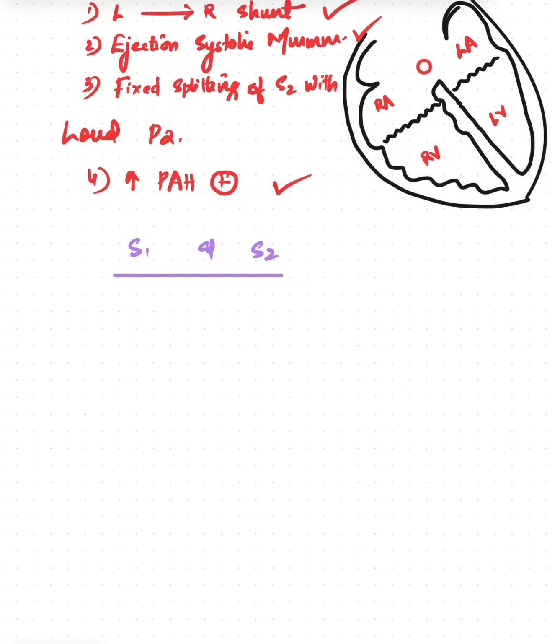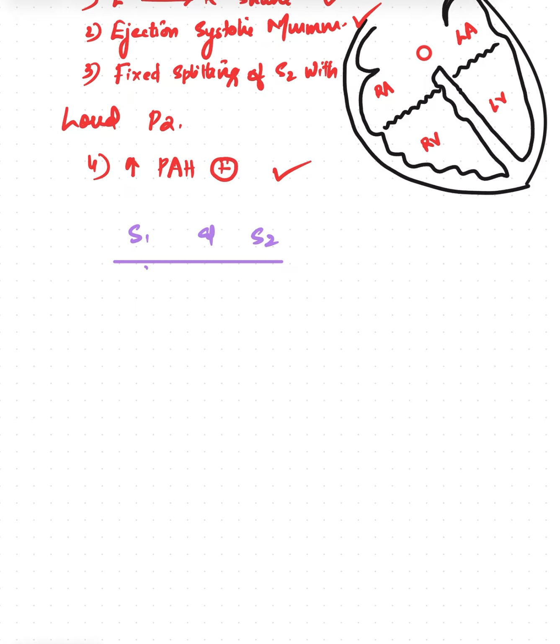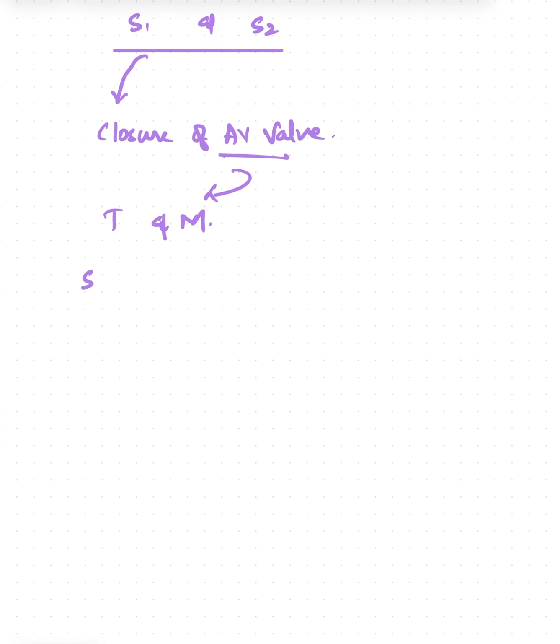S1 is the closure of the atrioventricular valves. The atrioventricular valves are nothing but the tricuspid valve and mitral valve. So S1 is equal to T1 plus M1, which is the sound due to the closure of the tricuspid valve and mitral valve.